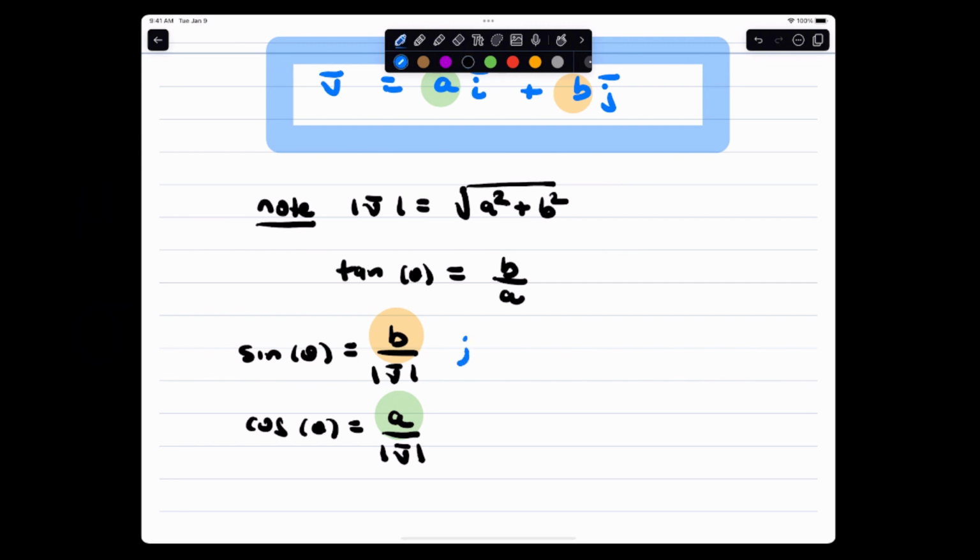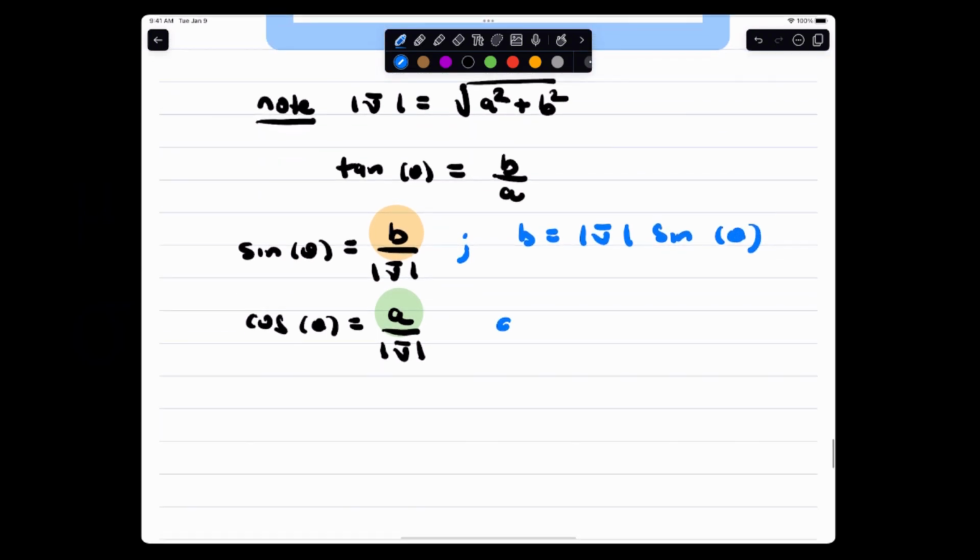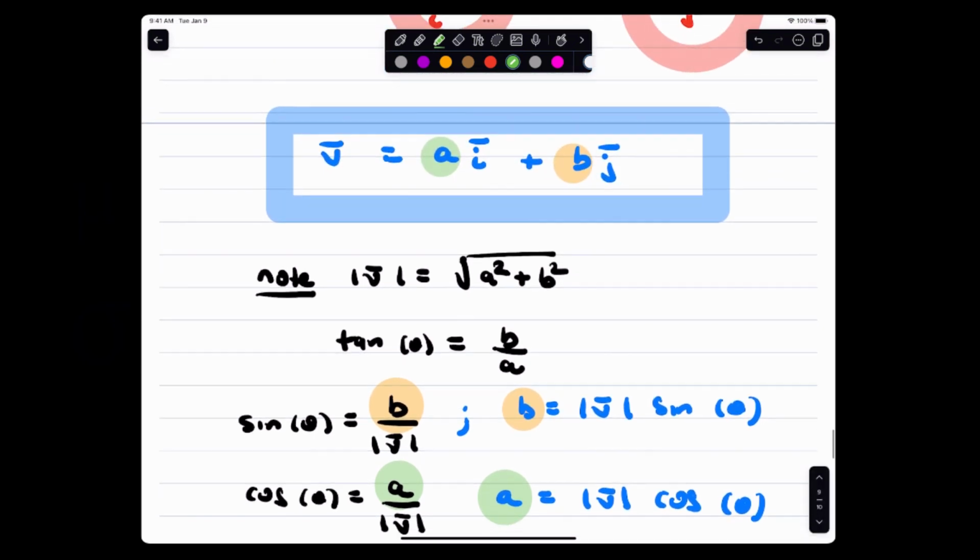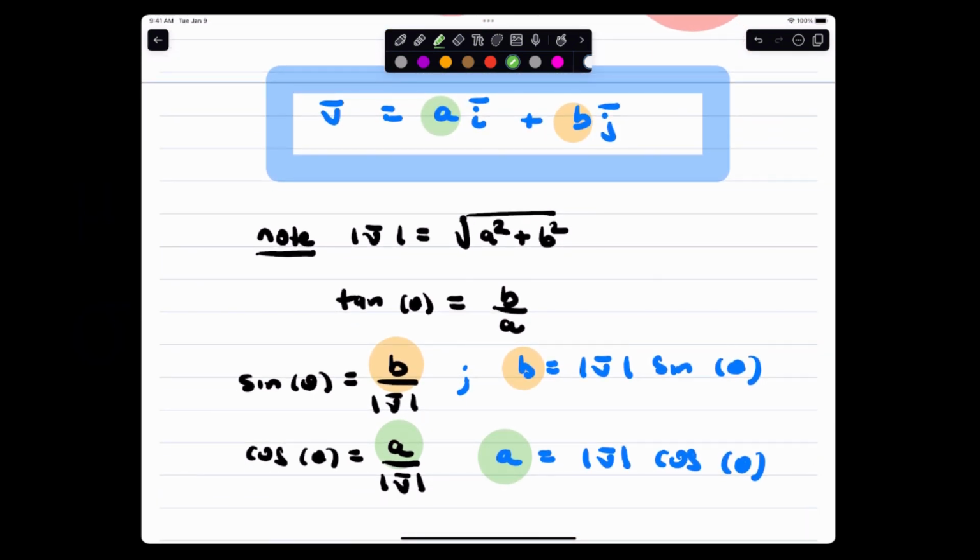Now you say, how do I solve? Well, multiply both sides by the length of v. You're now going to get b equals the length of v sine theta. You're going to get a equals the length of v cosine theta. So what does that mean in terms of vector v now? I can substitute those values right in here. For a, you say, what is a? Well, it's the length of v cosine theta.